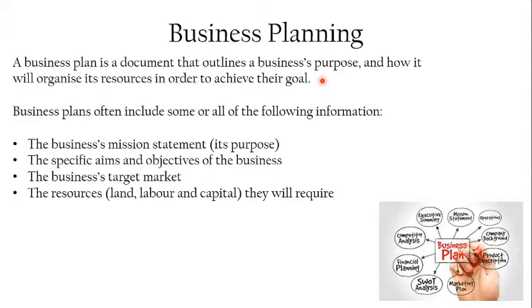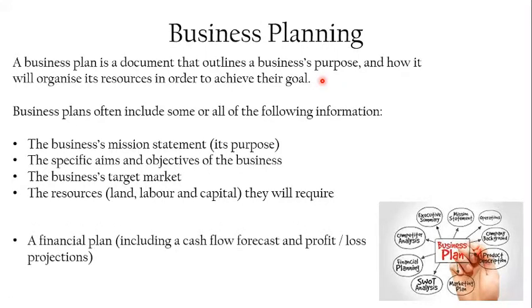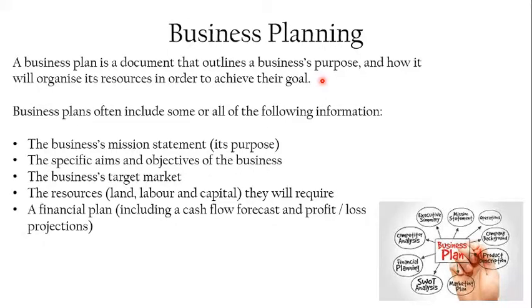Speaking of resources, a business plan will also look at the land, labour, capital that business is going to require. What workers are they going to need? Where are they going to be located? What machinery will the business use in order to produce their products? We would expect to see some sort of financial plan, including cash flow forecast, profit and loss projections for the business.